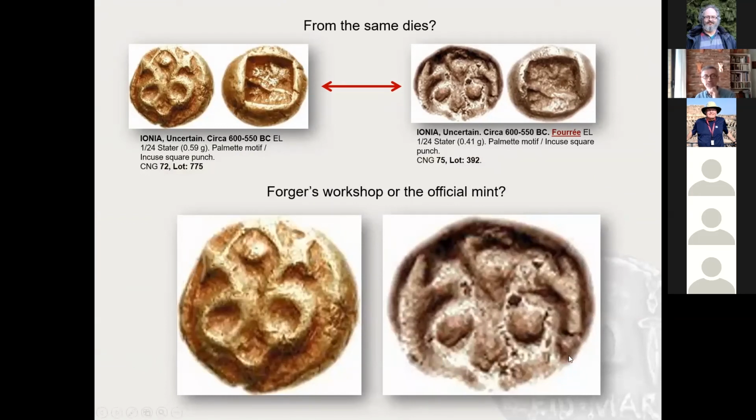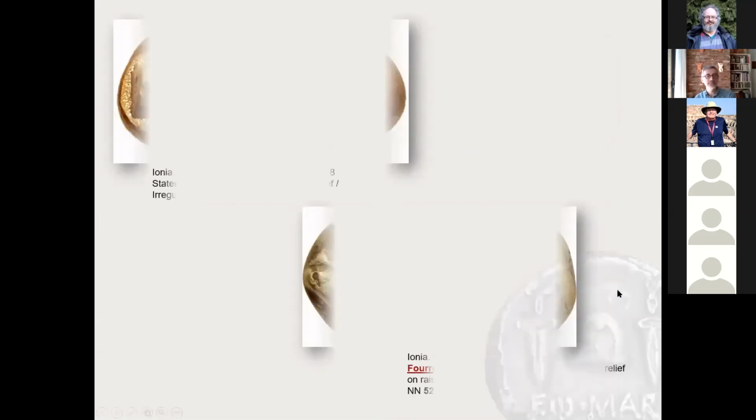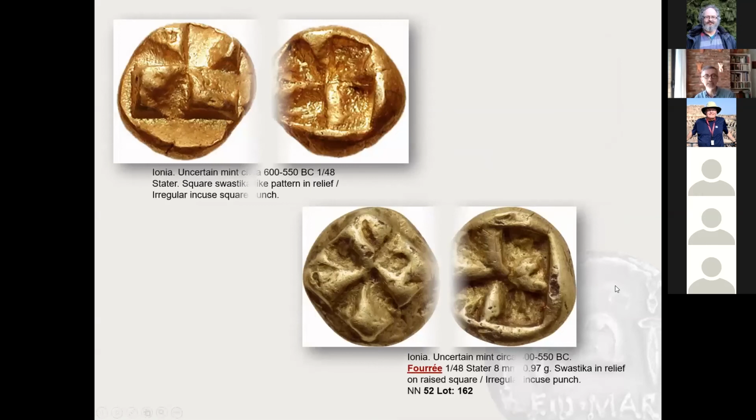So, of course, the photographs are not always good when you find them online, and it's not really possible to attest to the theory. But this simply tells me that the so-called official mints were also producing counterfeit coins. And why wouldn't they, if they can, of course, survive, if they can pass the forgeries into circulation.